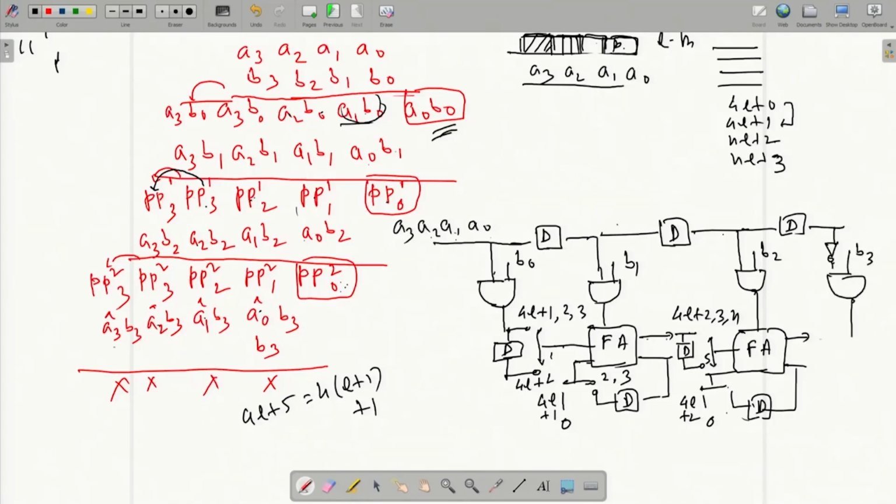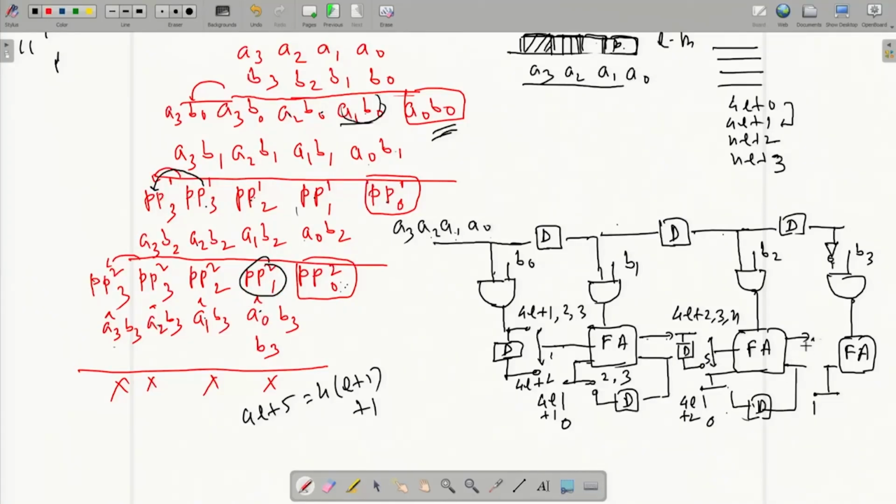B3, once again you have got adder, full adder, carry. So, addition starts at what? This was at 4L plus 1, 4L plus 2, 4L plus 3, because this one we will ignore. So, at 4L plus 3, this previous result will move in here.